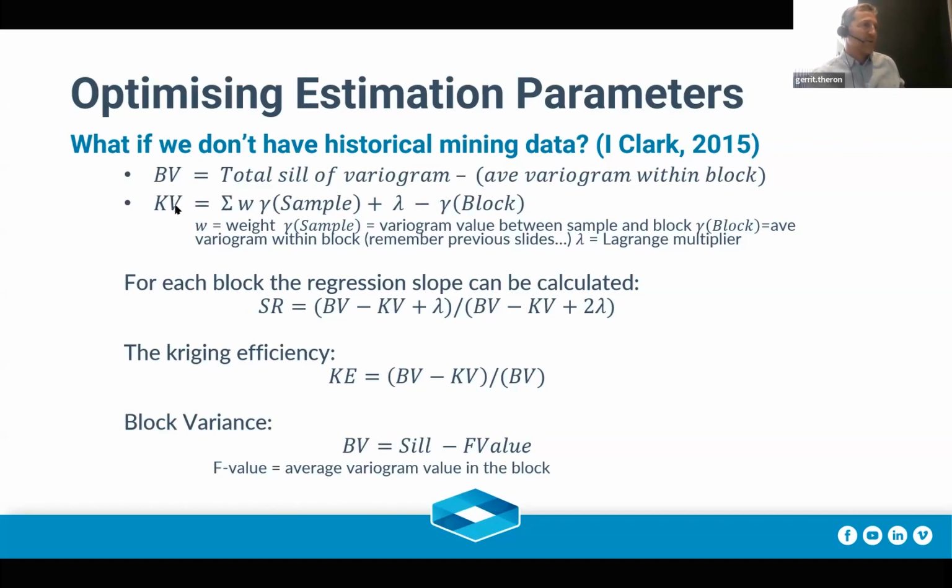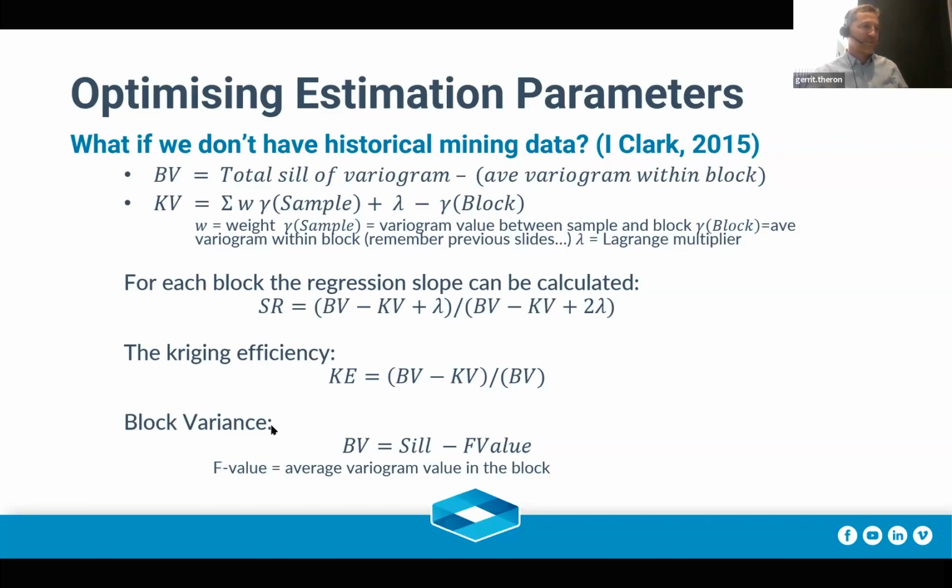What we want to end up with is our slope of regression and our Kriging efficiency. For each block, our slope of regression can be calculated as the block variance minus the Kriging variance plus the Lagrange multiplier, divided by the block variance minus the Kriging variance plus 2 times the Lagrange multiplier. The Kriging efficiency, on the other hand, can be calculated as the block variance minus the Kriging variance, divided by the block variance.